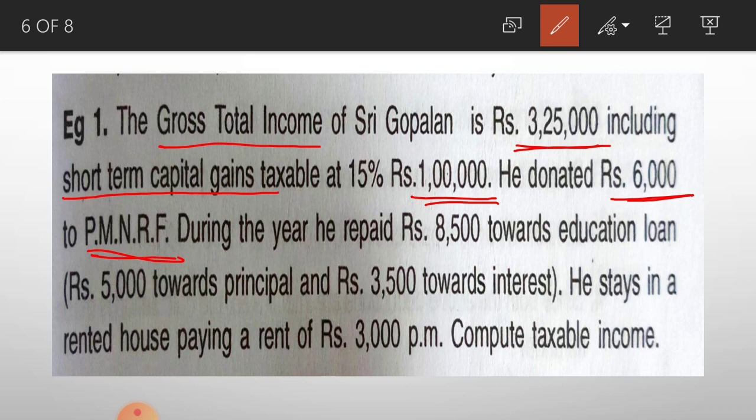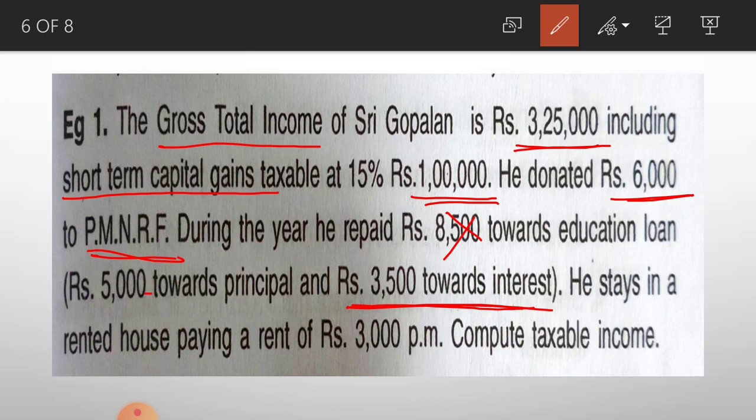During the year, he paid 8,500 towards education loan, out of which only 3,500 towards interest. So, here you should not consider 8,500, you consider only 3,500, because under section 80E only interest on education loan can be deductible. So, consider only 3,500, not 8,500, and you can ignore the 5,000 principal amount.